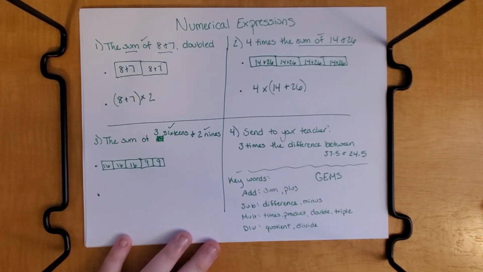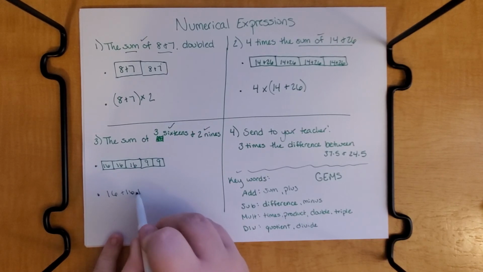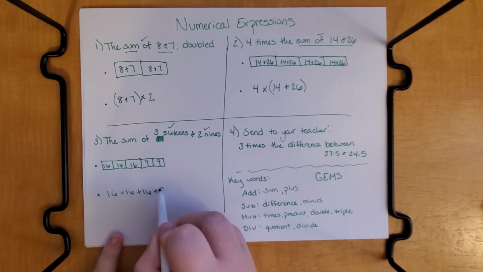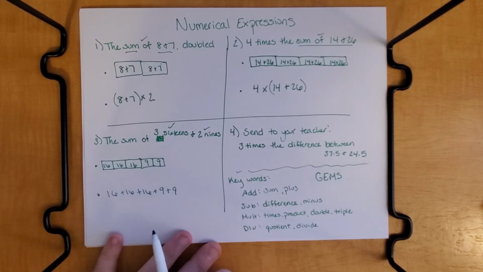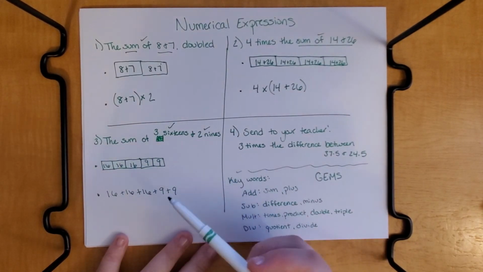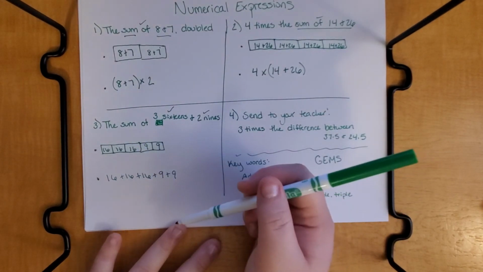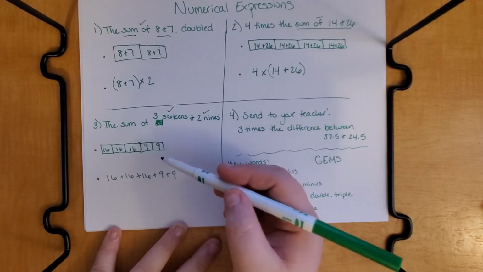I'm curious to see what you guys did. I'm guessing some of you said 16 plus 16 plus 16 plus 9 plus 9, which is true because it just says the sum or add up 3 16s and 2 9s. Good. There's a nicer way to write it though, if you guys think. You remember any way that might be nicer?